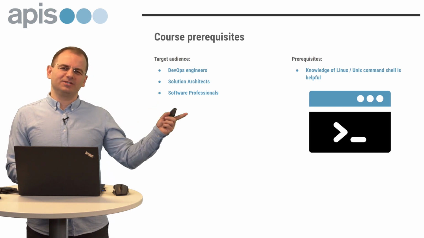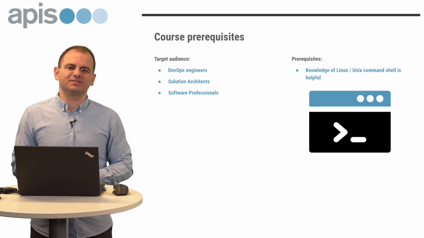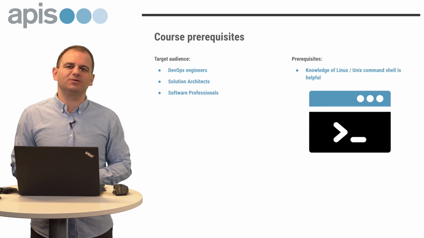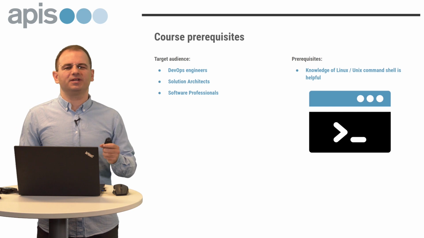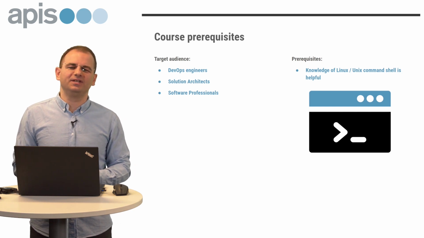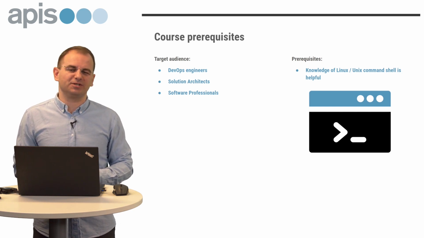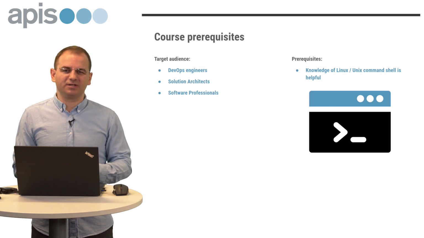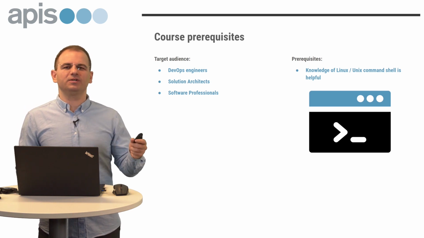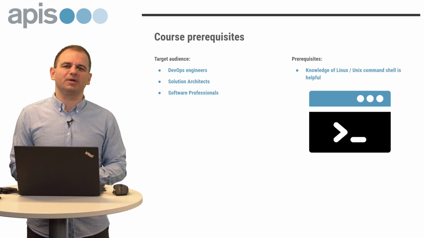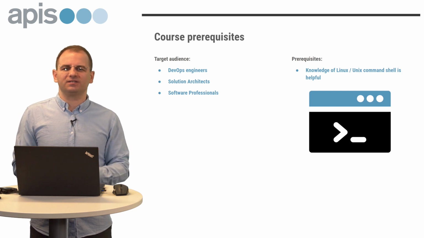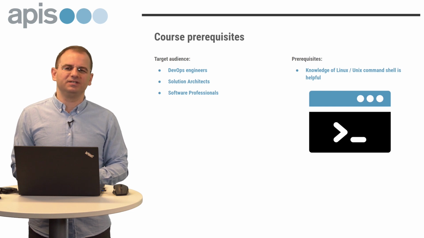Now, knowledge of Linux or Unix is very helpful in this course because all the exercises are going to be done in a Linux machine. After all, I'm running a Linux machine myself, but don't worry if you are a Windows or Mac user. The exercises are made in that way that you can follow the exercises easily as well.